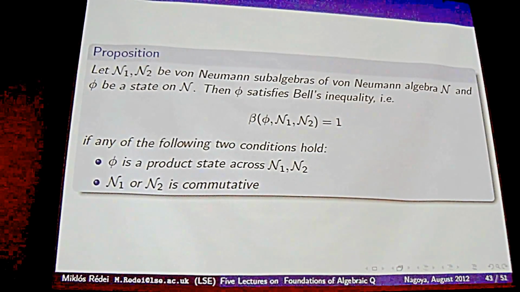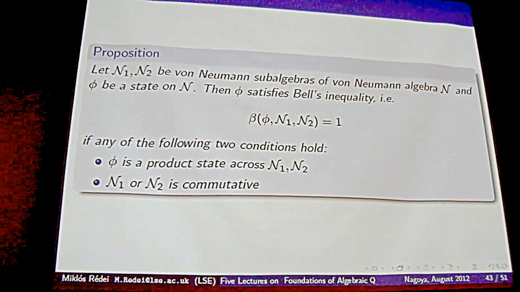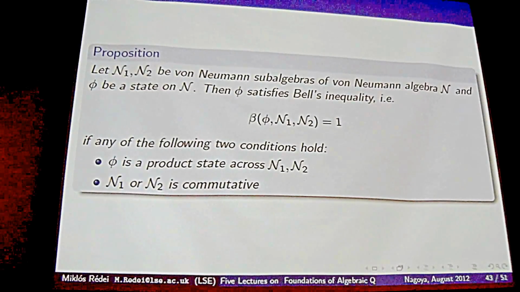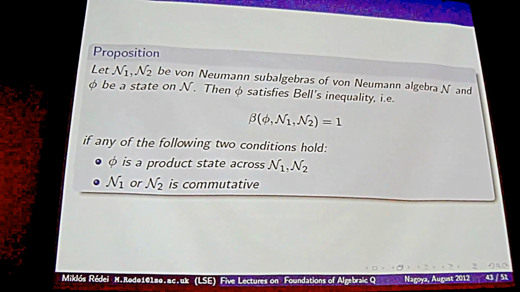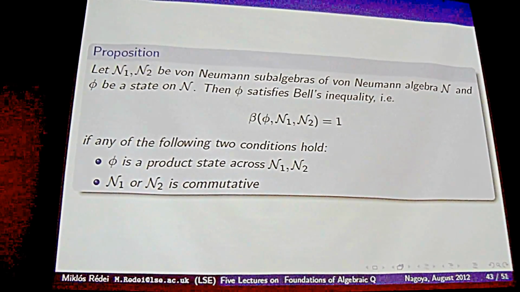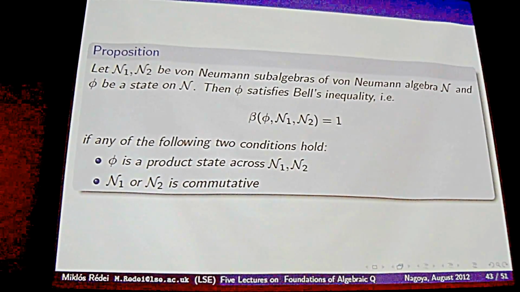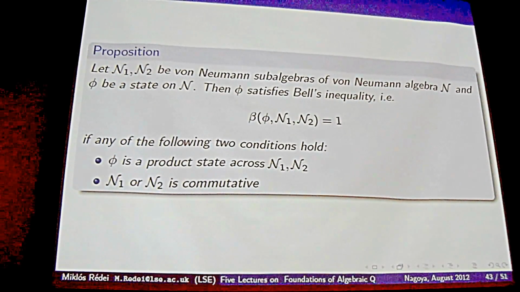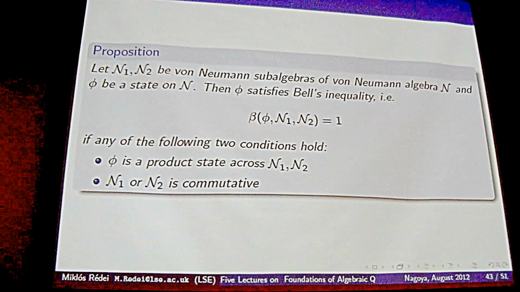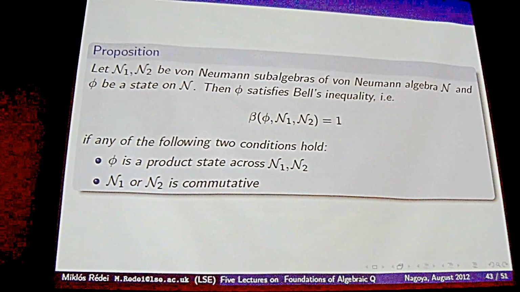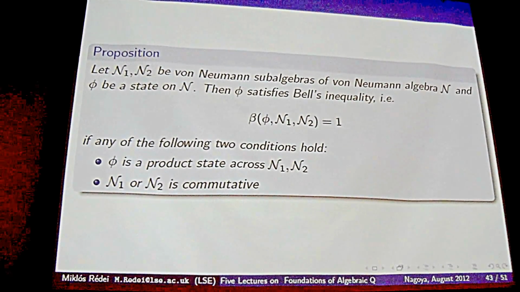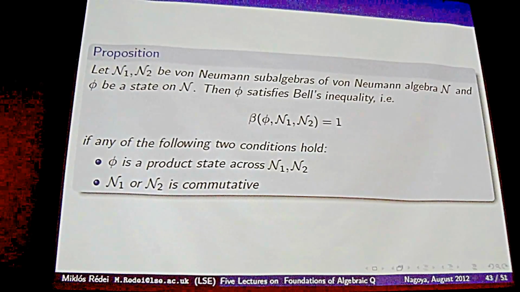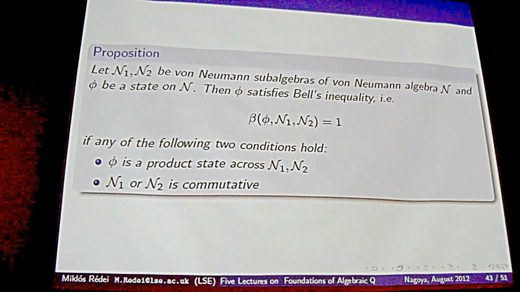Now, here is a proposition which characterizes the classical situation, namely if the two von Neumann algebras are such that any of them is commutative, or if it is the case that the state is a product state across these two von Neumann algebras, then the Bell correlation is equal to 1.